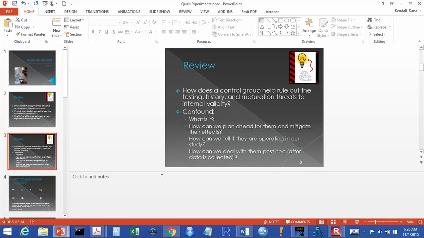Now, there are problems with doing that, but it is better than nothing. So if you cannot do random assignment, part of our job as scientists is to surmise what things could be mimicking this effect and how I can measure them throughout the study, and then later analyze that data and try to parcel it out via regression or some other method.